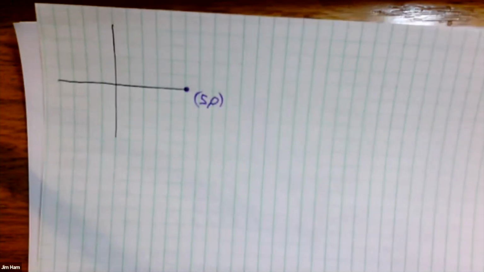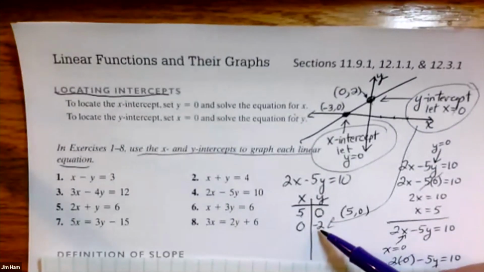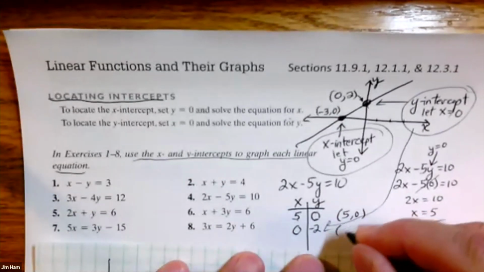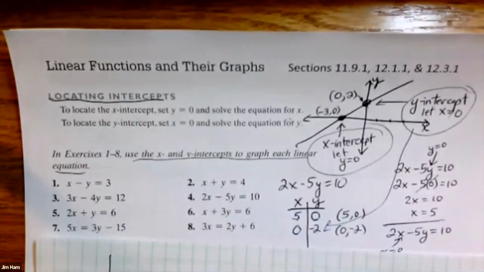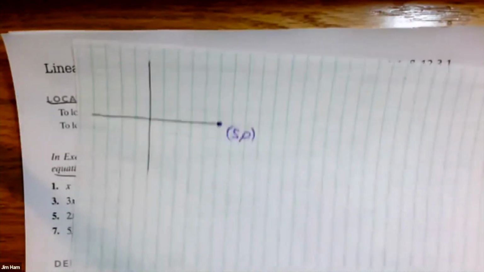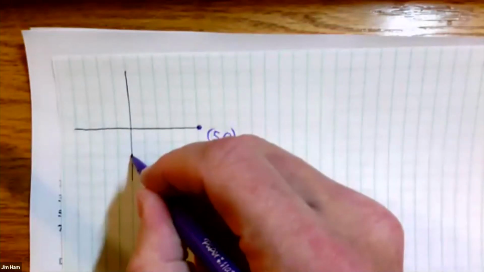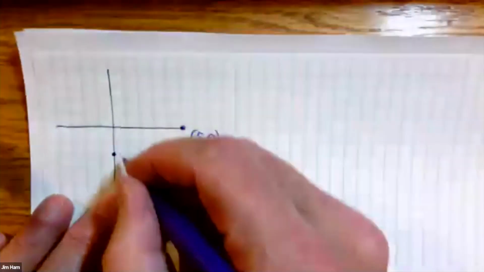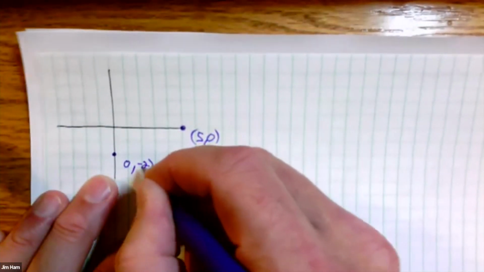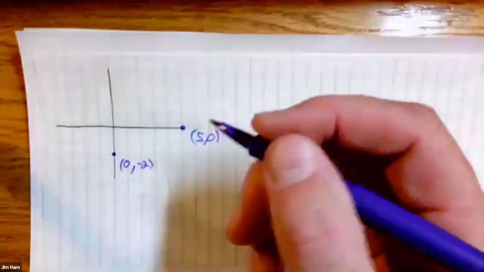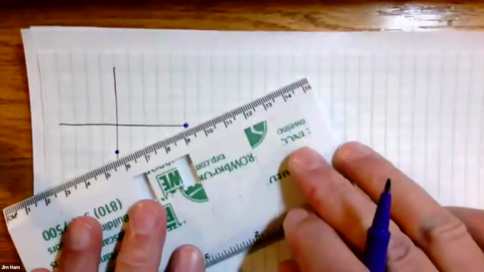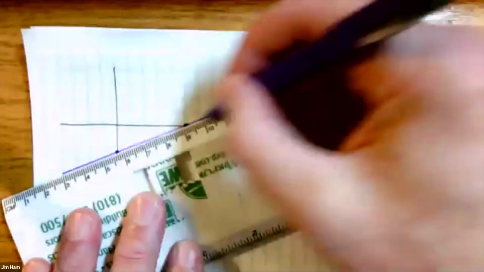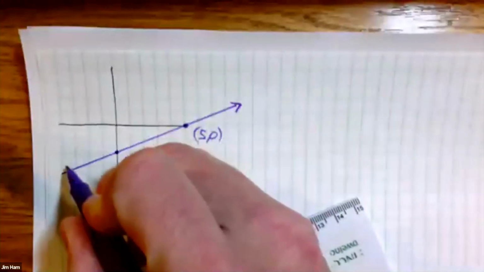And the other point is 0, -2. It's right there. And then we'll just connect them together. And there's the line that you're after.